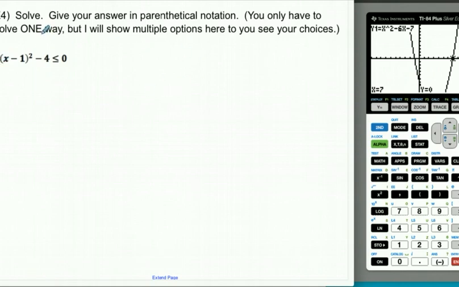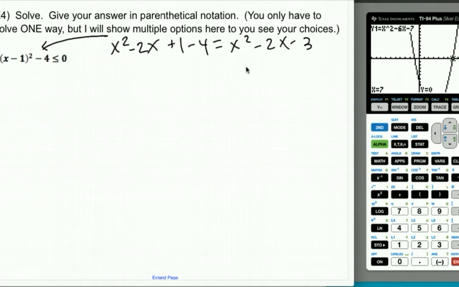Okay. So some of you are probably going to say, oh, well, I would FOIL this out. This is x squared minus 2x plus 1 minus 4, which is x squared minus 2x minus 3, which is x minus 3 times x plus 1. That's fine, okay? But there's actually another interesting way to factor this if you want.